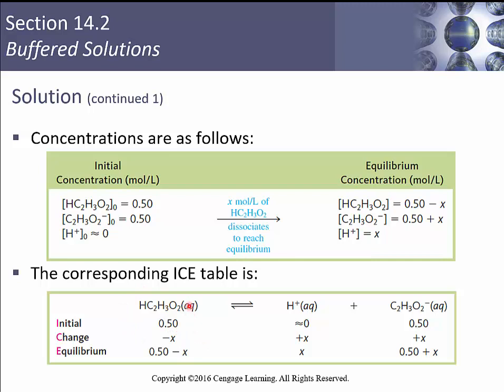We've got our balanced chemical equation on top. We're starting off with 0.5 molar of each of our conjugate weak acid and conjugate weak base, and we've got 0 molar H plus. We're going to lose a little bit of our acid to form some H plus and the conjugate weak base, giving us our equilibrium concentrations.